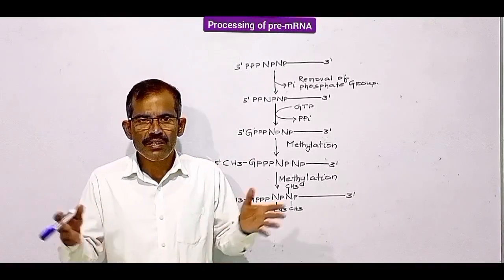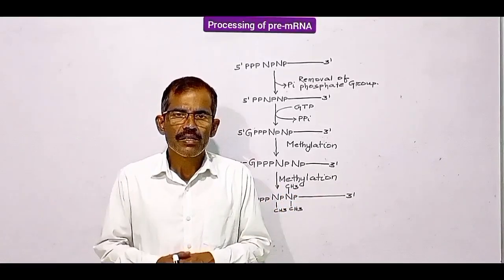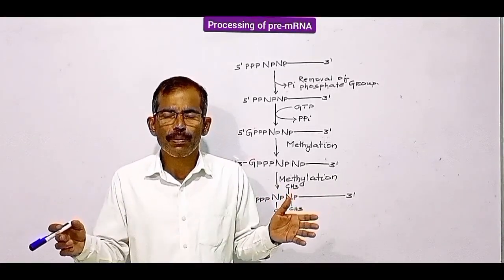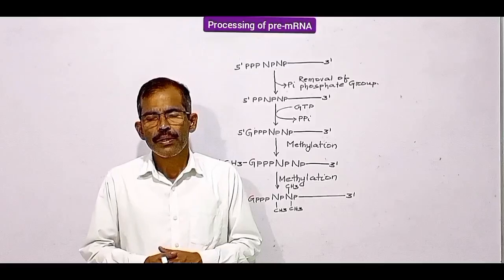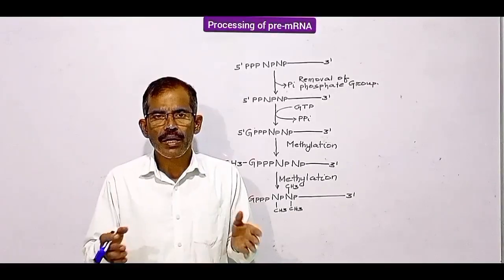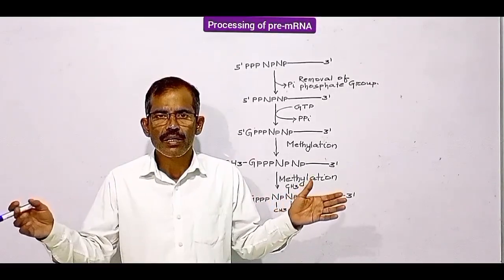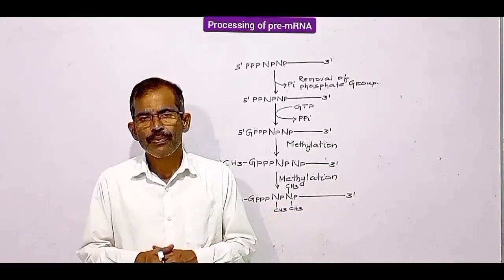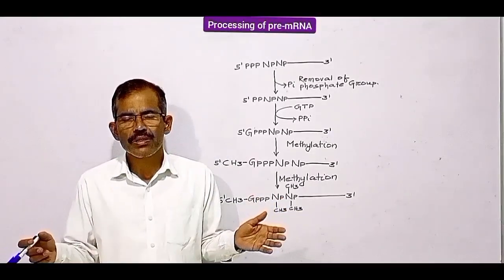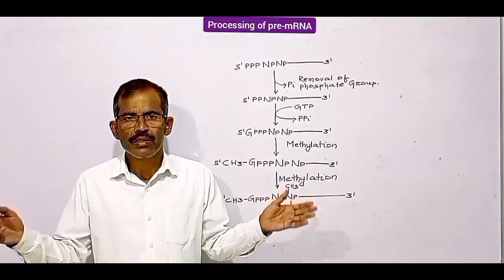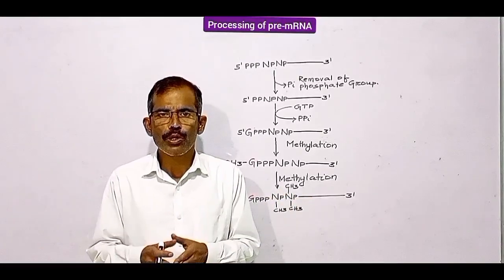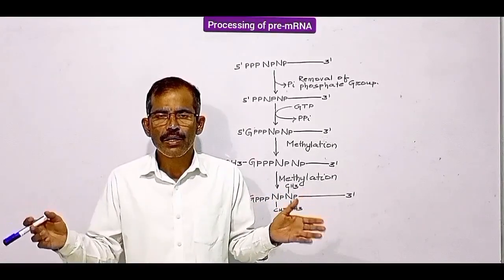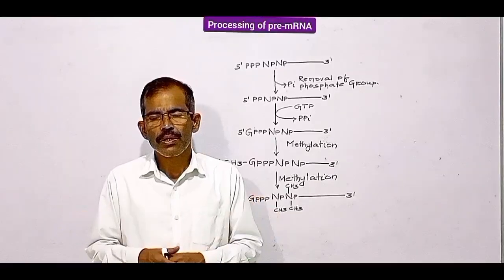Pre-mRNA, or precursor mRNA, is the primary transcript of a protein coding gene. It is the mRNA which has not undergone any modification after transcription. In eukaryotes, the pre-mRNA contains both protein coding exons and non-coding introns.